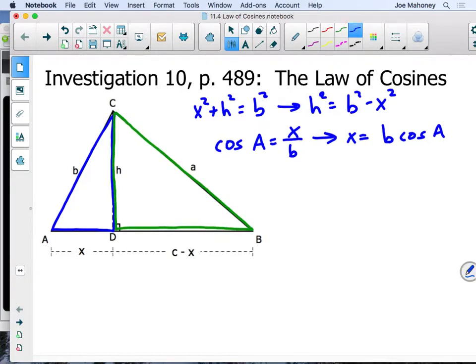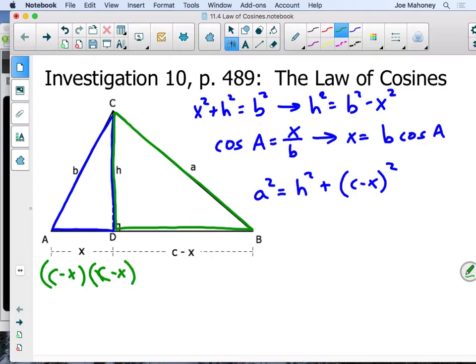In the triangle on the right side, let's do the Pythagorean theorem here. We're going to get that a squared equals h squared plus the quantity c minus x squared. And let's expand that c minus x term. So I'm going to multiply c minus x times itself.